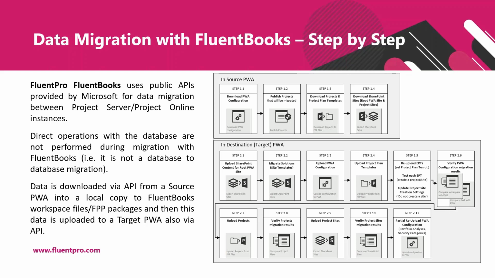The next step is to verify PWA configuration migration results, and FluentBooks has two wizards which can assist with this operation. First one is to compare workspace with the PWA, and another one to compare PWA with PWA. During test migration, we recommend to use compare workspace with PWA because users continue working with the source PWA and there might be changes already done in the source PWA.